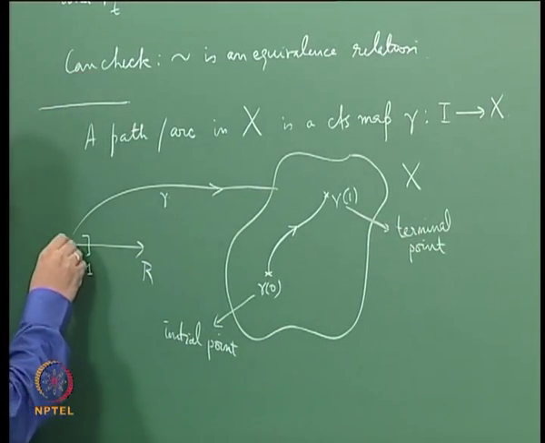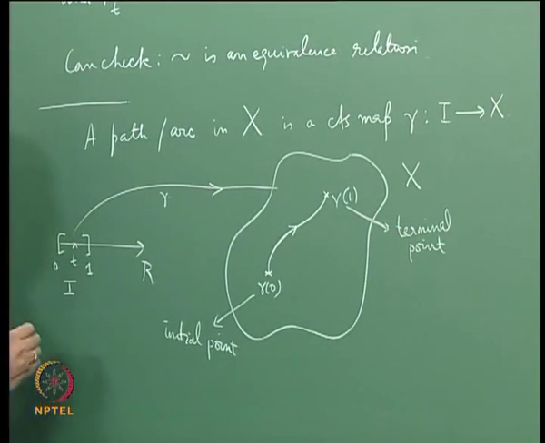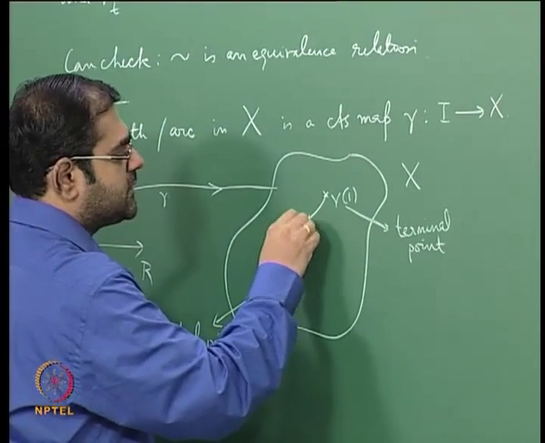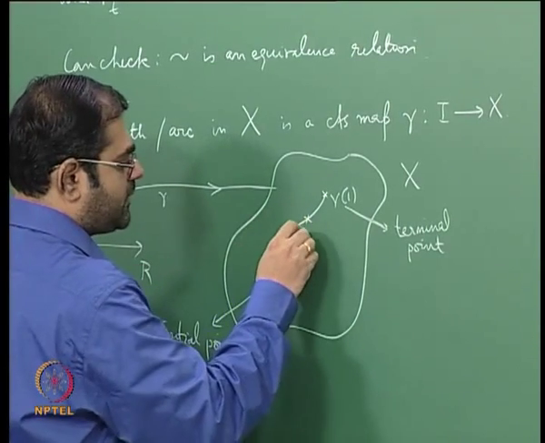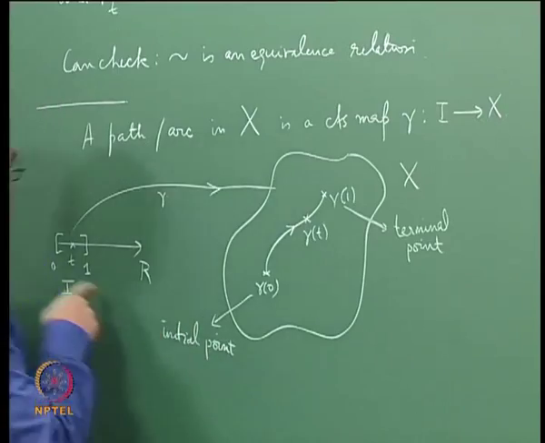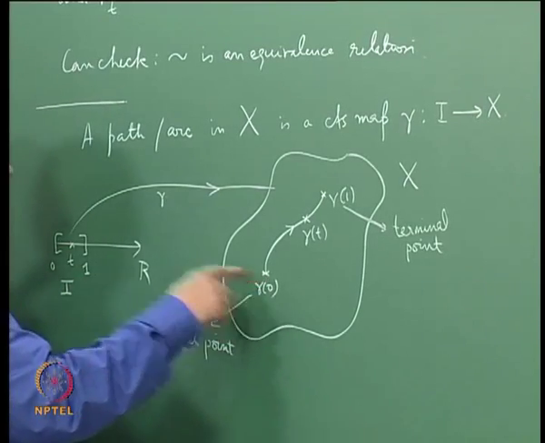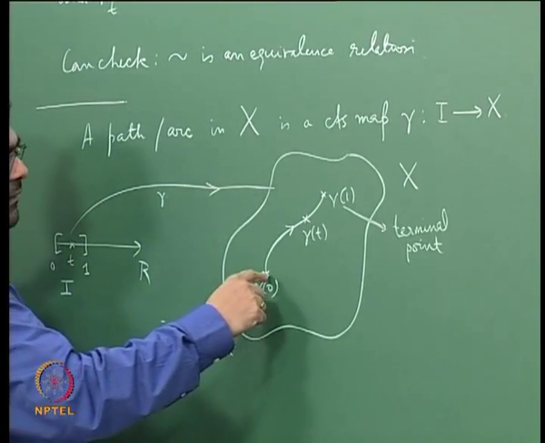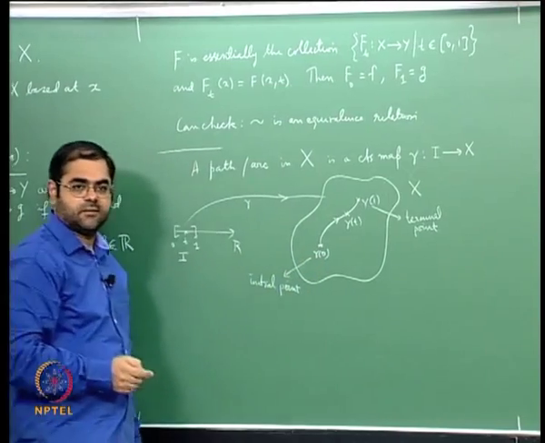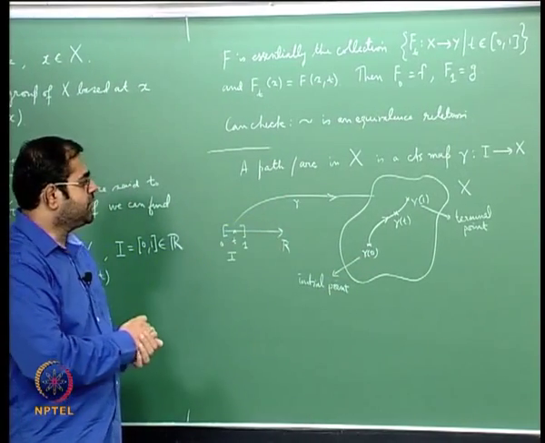At any instant of time, let's say t, the point that you get here is gamma of t. So as t varies from 0 to 1, the map gamma traces the curve, the image gives you the curve.